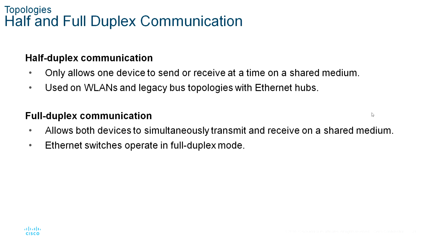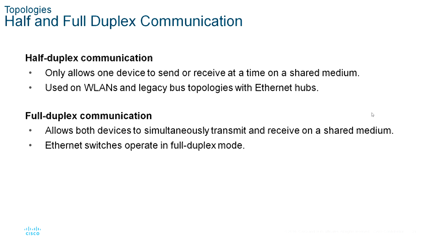The first one, half duplex communication: both devices can transmit and receive on the media, but cannot do so simultaneously. Wireless LANs and legacy bus topologies with Ethernet hubs use half duplex mode. Half duplex allows only one device to send or receive at a time on the shared medium.